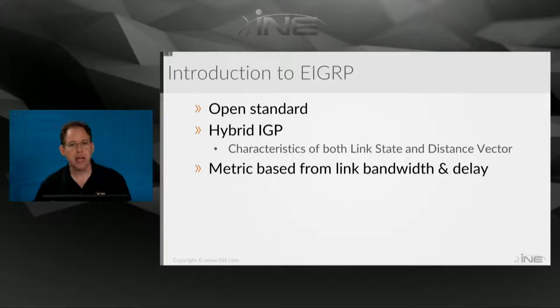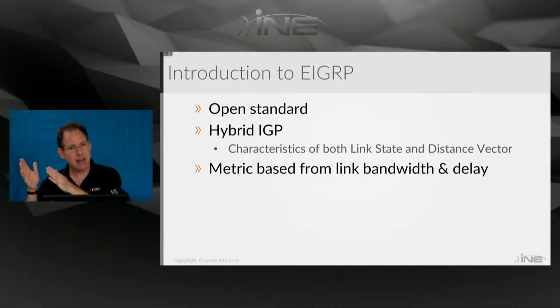Now EIGRP, and this is one thing that the proponents of EIGRP will point to when they say that EIGRP is superior to OSPF, is that the EIGRP metric is actually composed of several different variables that all go into one complex formula, and that formula spits out a really large number. And the metric is called distance.